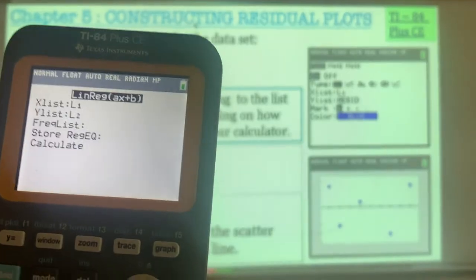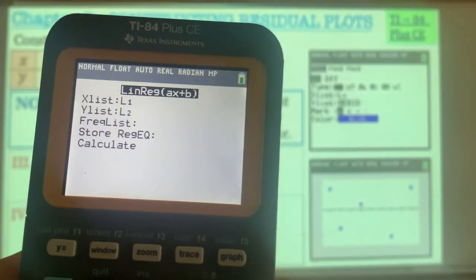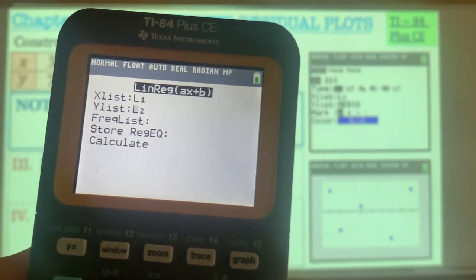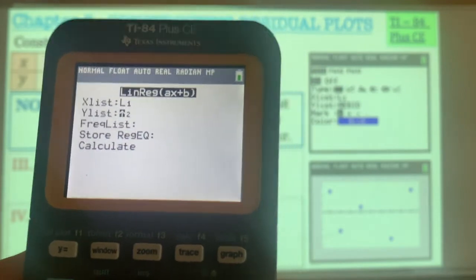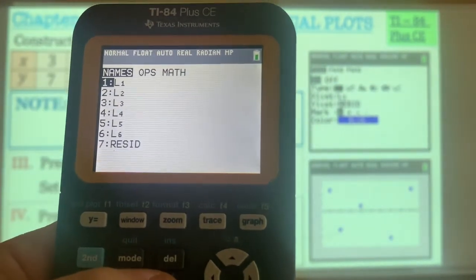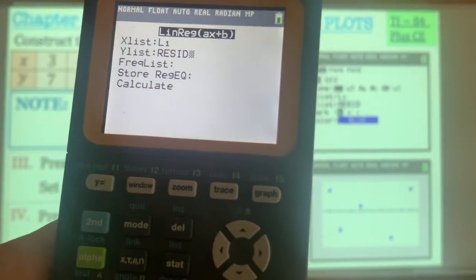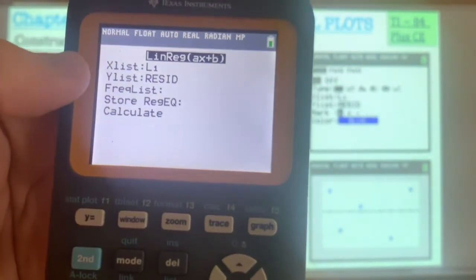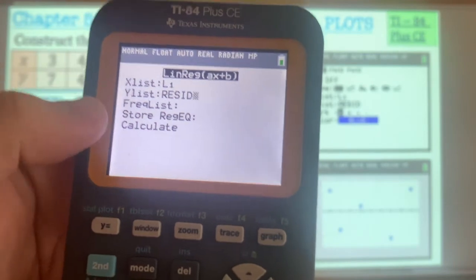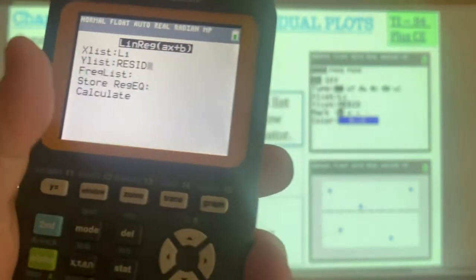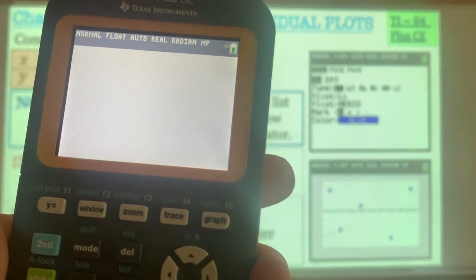You want to put your resid in your Y list. So your X list stays the same, right? Your Y list goes second list, resid, which is number 7. So the X list stays L1, your Y list becomes resid. All right? And you can calculate this.